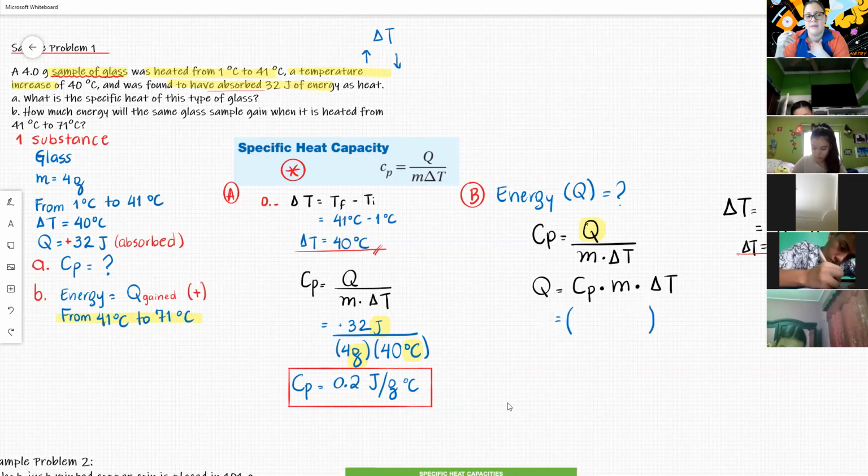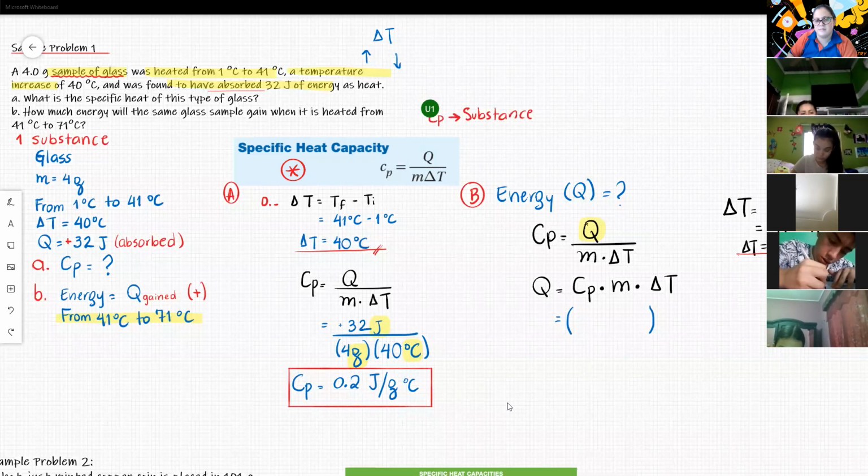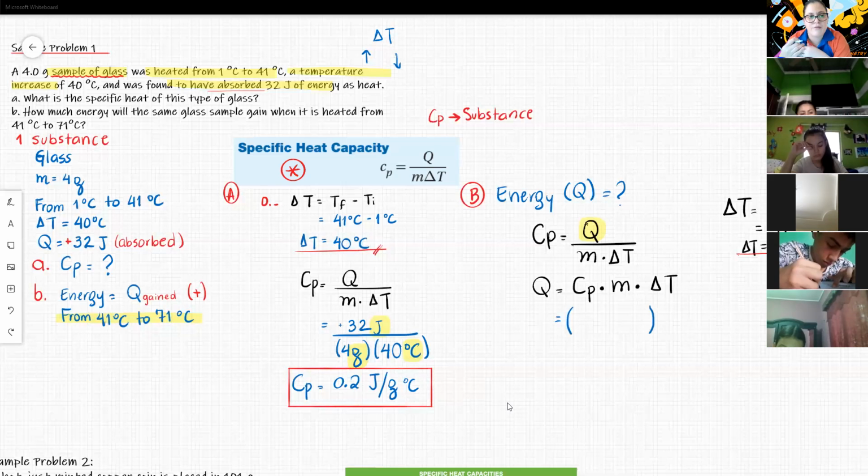Cp depends on the substance. Specific heat capacity depends on the substance, okay? So what substance are we talking about? We're talking about a glass sample. From the glass sample, we already got the specific heat capacity. It's this one right here.